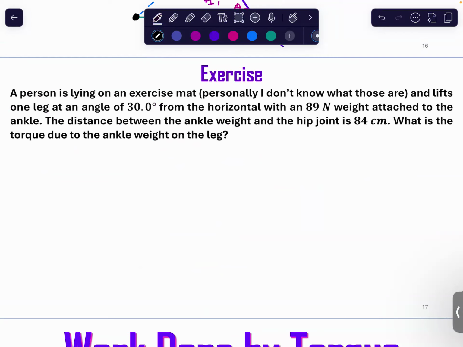Okay, so I just kind of started saying, well, let's just draw a little rectangle for your body. Then I'm going to put in a pivot point. And then the leg itself, I'm just going to draw that as my R vector.